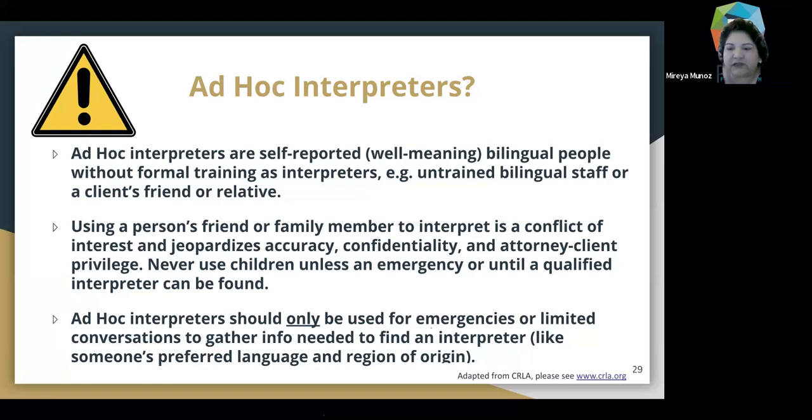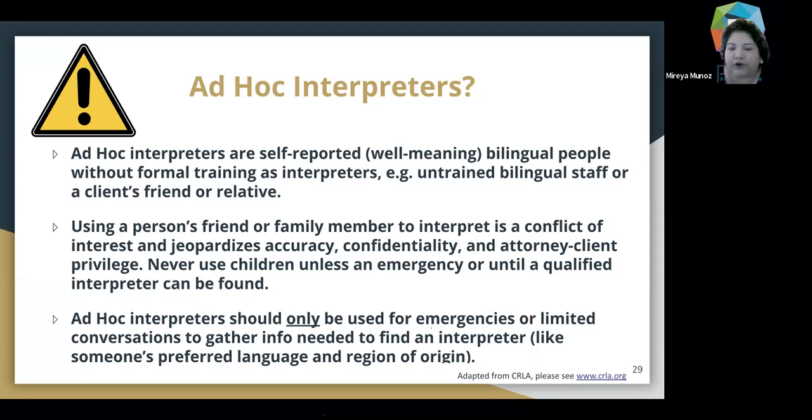A lot of times this burden has fallen, or still does fall, on untrained bilingual staff, or the clients' or patients' friends or relatives. But using family members or friends to interpret can create a potential conflict of interest, and it can potentially jeopardize accuracy and, in many cases, most definitely confidentiality.